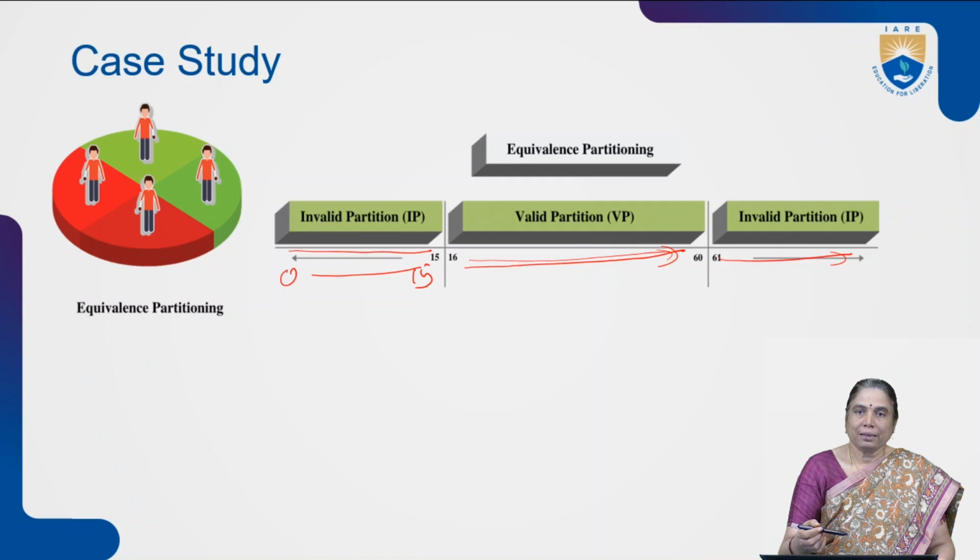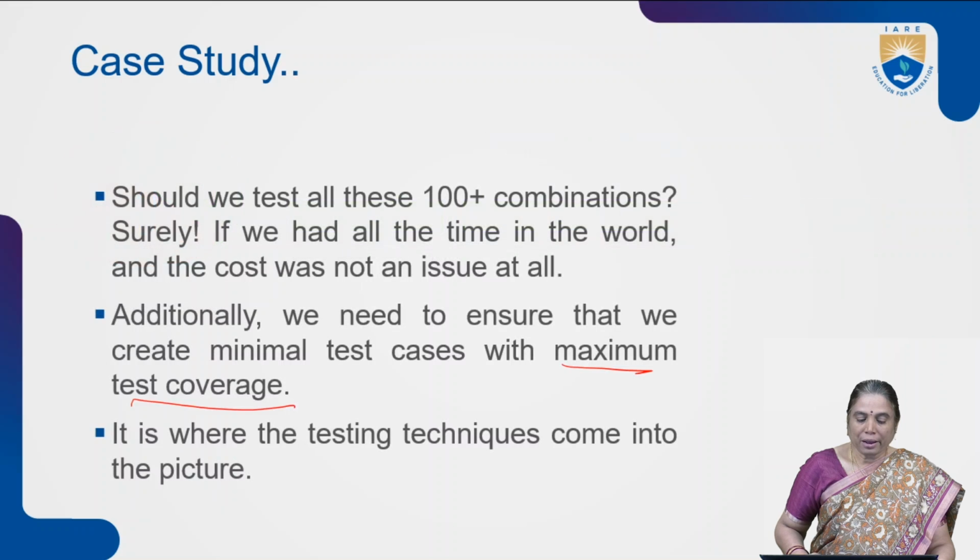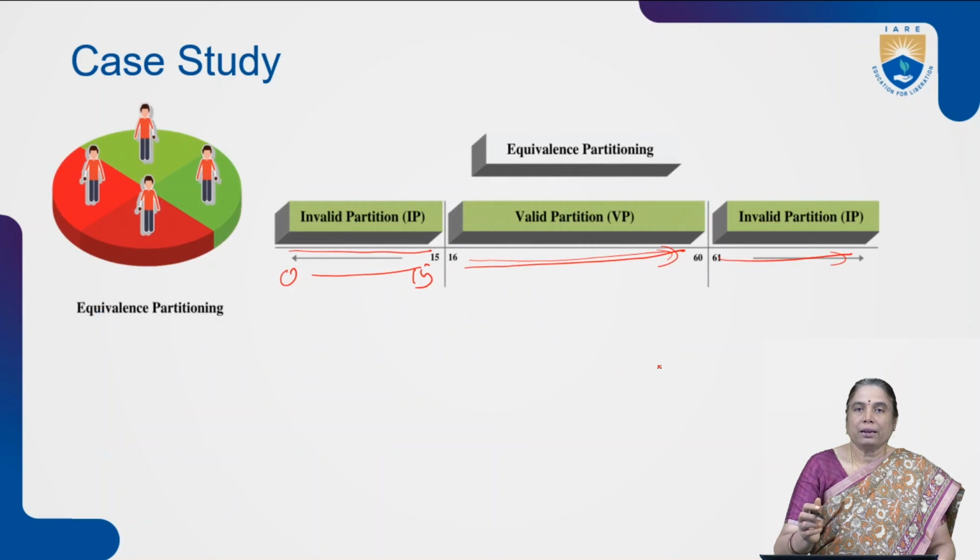So here the number of test cases is greatly reduced in order to test the valid range as well as the invalid range. Instead of 100-plus test case combinations, to get maximum coverage we can write the test case design to test the invalid partition range, valid partition range, and again the invalid partition range. With 3 test cases, maximum test coverage is accomplished with equivalence partitioning.